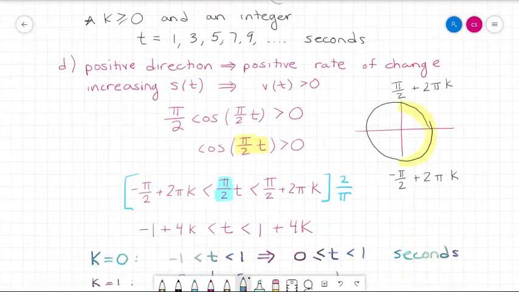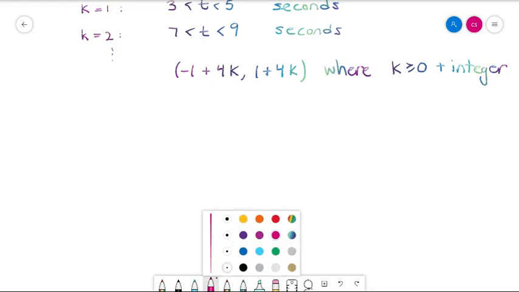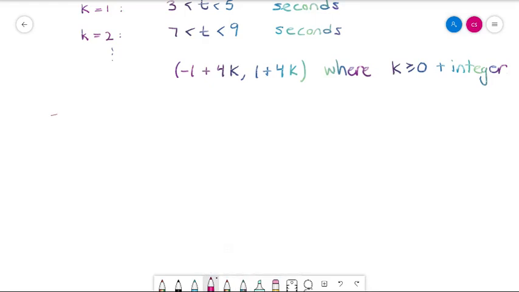All right, so let's write some of those thoughts down. Okay, so we're on part E. We want total distance traveled, the total distance traveled during the first 6 seconds, which is different than what S of t gives us.